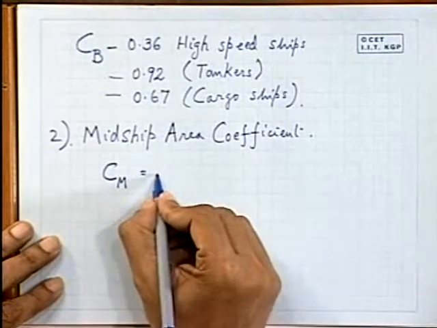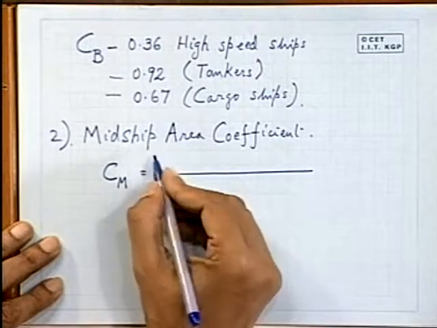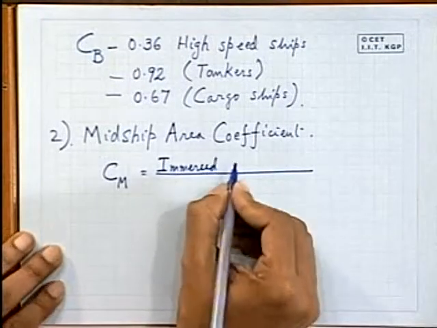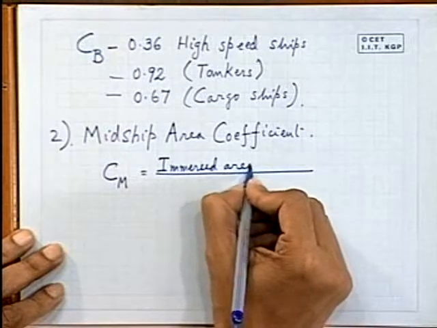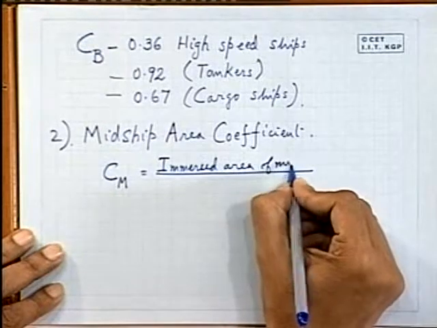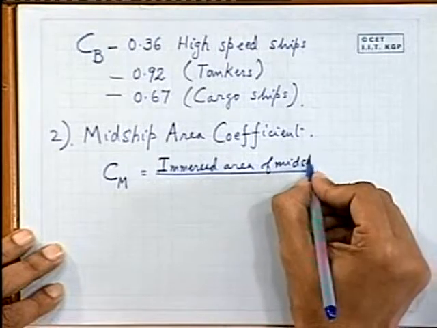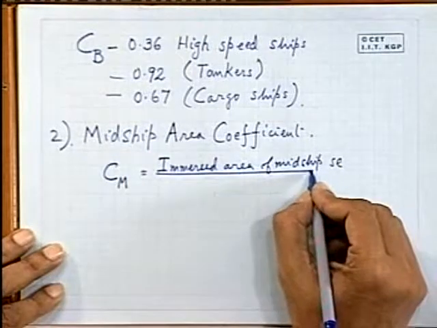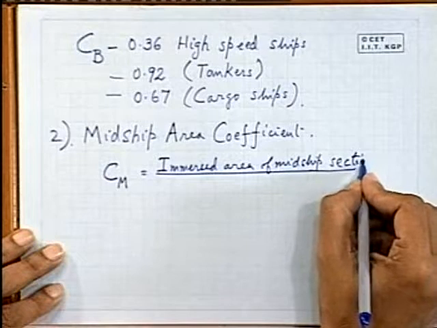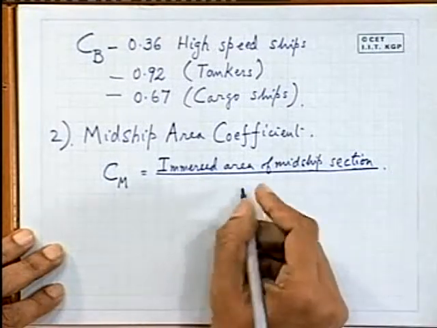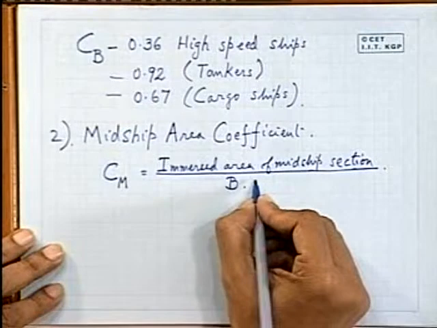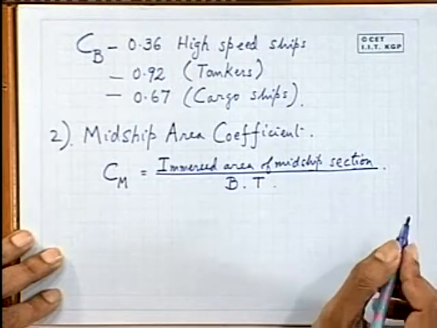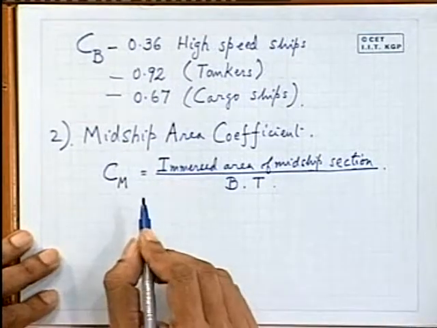This is the immersed area of midship section. You will find later on there is a relation between CB and CM. Immersed area of midship section divided by breadth multiplied by the draft. Yes, the same B that you have taken for the block coefficient.